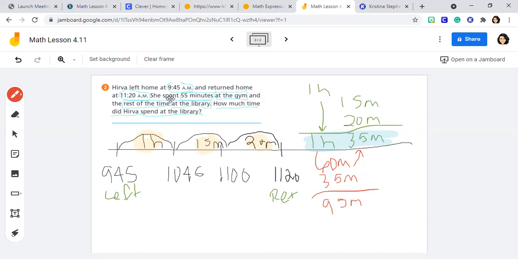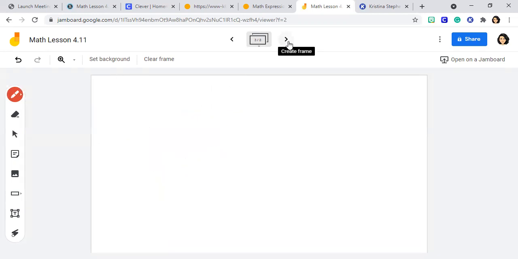Now they've told me that for 55 of the minutes, she was at the gym, and the rest of the time, she was at the library. So this is something that we're used to seeing here. I'm actually going to write this a little bit bigger for you. 95 minutes. For 55 of the minutes, she was one place, and the rest of the minutes, she was at another place.